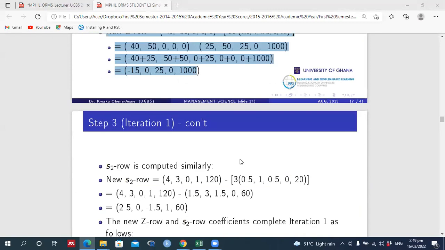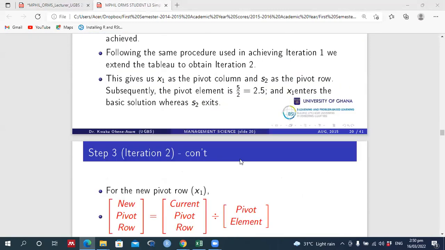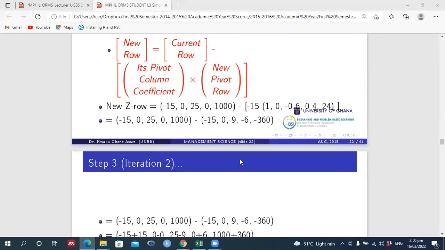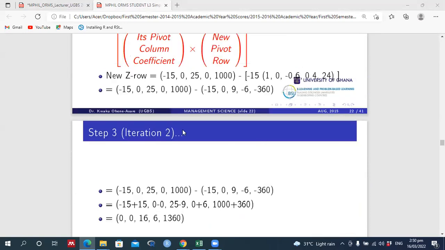This one? Okay, so Francis, you want us to look at the last but one. So we have the current row, minus -15 multiplying these.